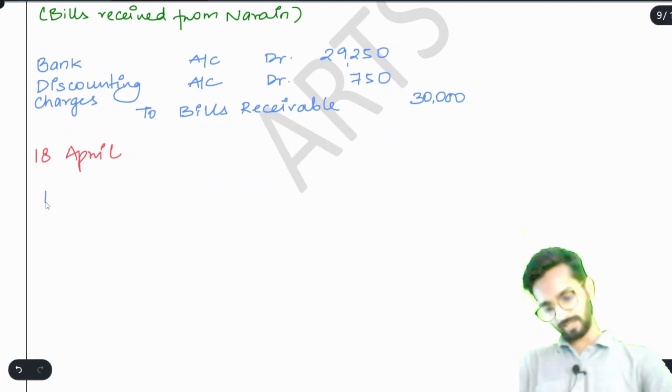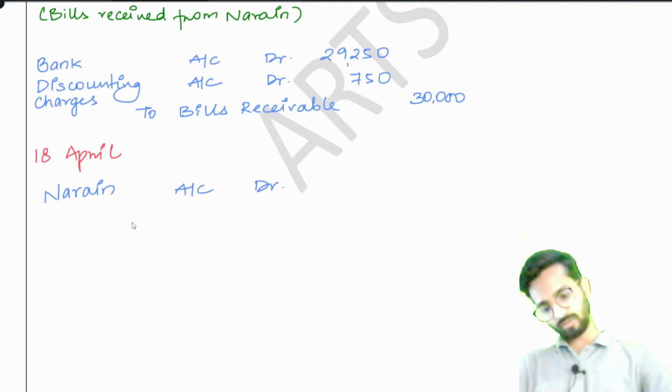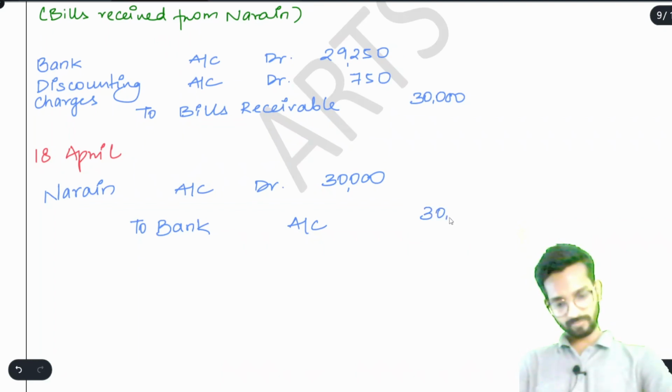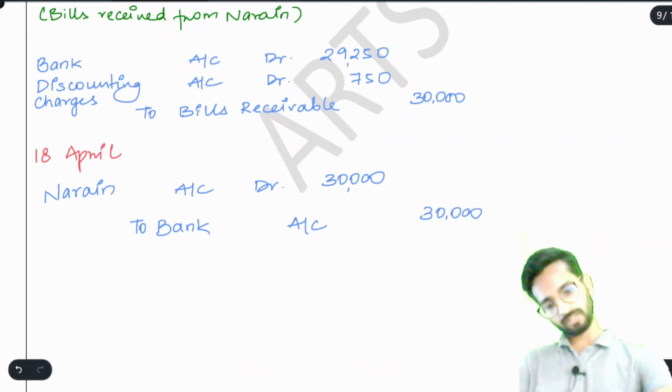Narayan is supposed to pay me money. Narayan account debit. And I am supposed to pay money back to the bank because I borrowed money from the bank. How much money would I pay to the bank? 30,000. And here also 30,000.